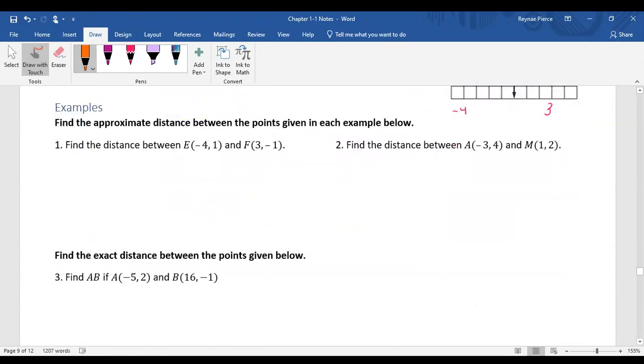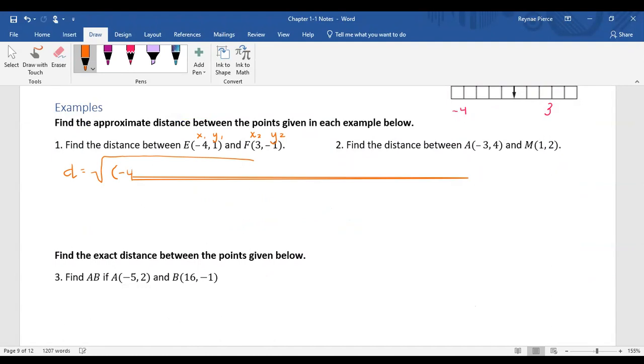So here, I like to label my points. Remember, difference of our x's, and it doesn't matter. Are these the same exact? No, they're not. Sorry. -4 minus 3 squared, so difference of our x's.